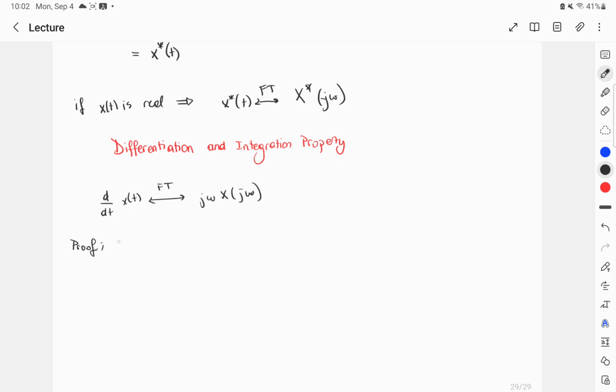So we have this original formula as always, right? 1 over 2 pi from negative infinity to plus infinity. And then what do we have if we were going to differentiate this expression?